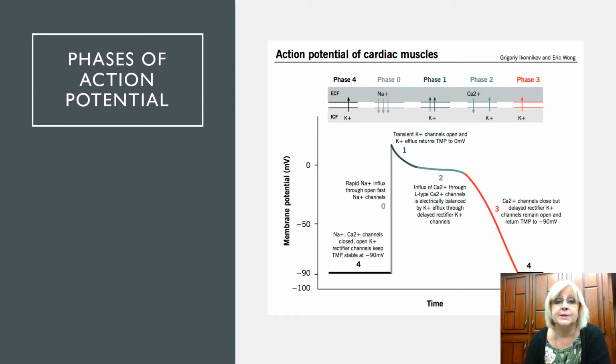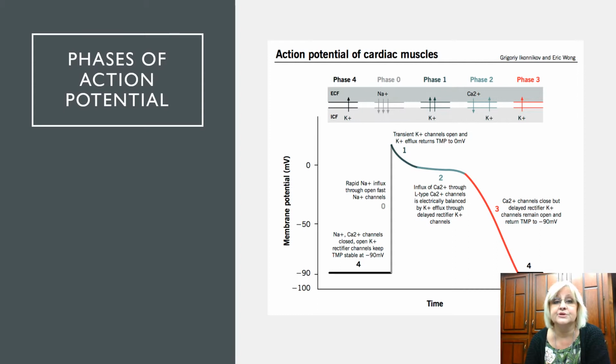The large sodium current quickly depolarizes the cell to 0 millivolts. Then the fast sodium channels close, as they are time dependent. The L-type long-opening calcium channels open when the membrane potential is greater than negative 40 millivolts, creating a small steady influx of calcium down the concentration gradient.